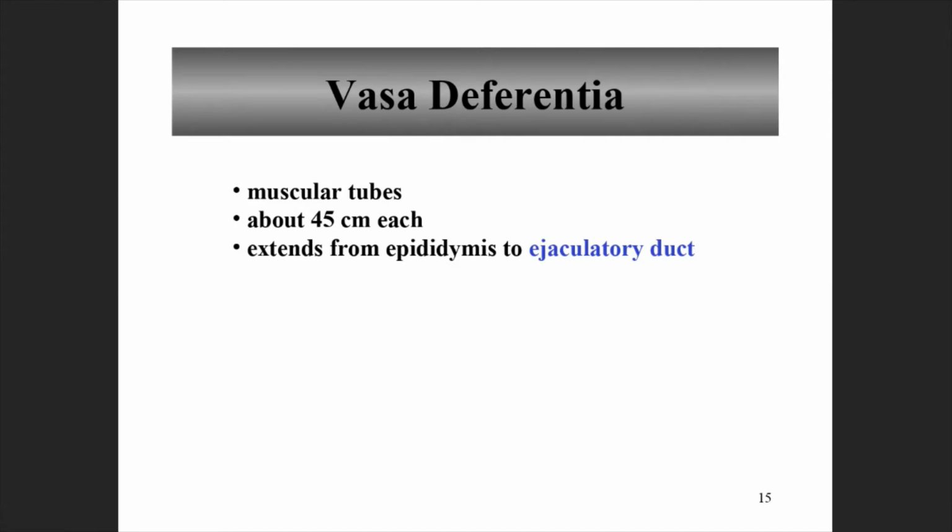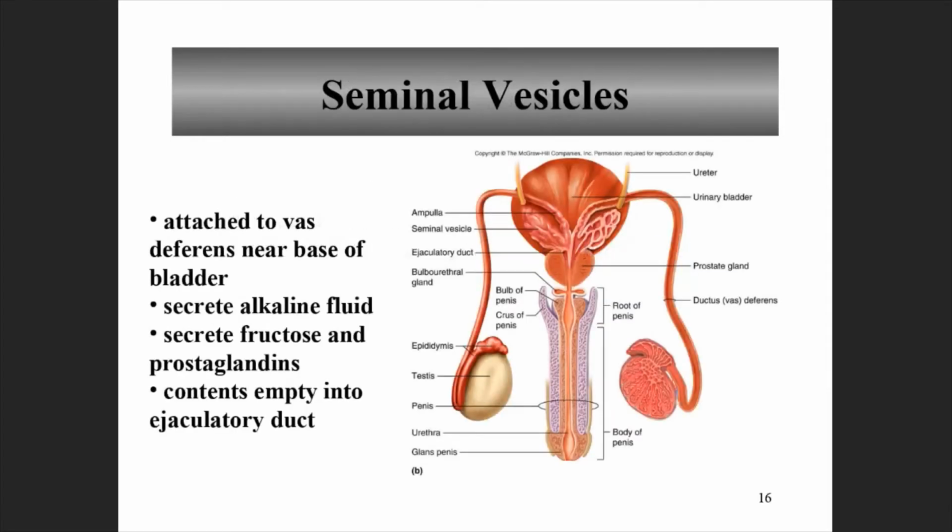It joins the prostatic urethra first, then the membranous urethra, and then the spongy urethra. Okay. So you see here, this would be the prostatic urethra, the membranous urethra, and the spongy or penile urethra. Okay.